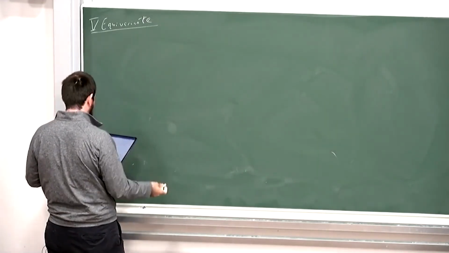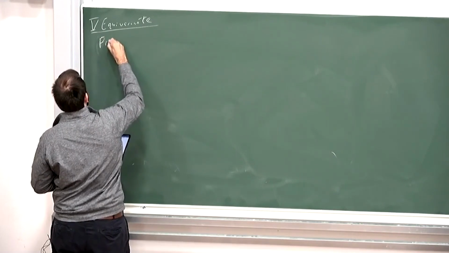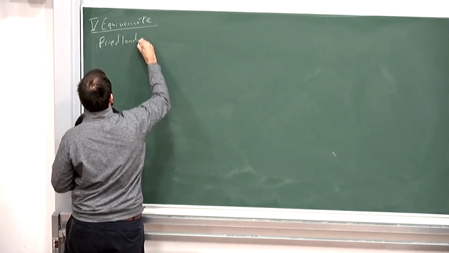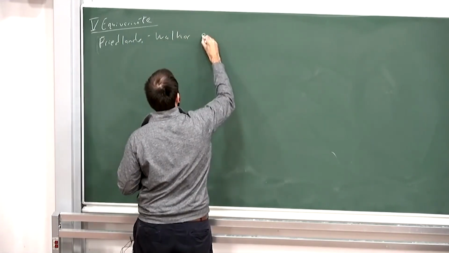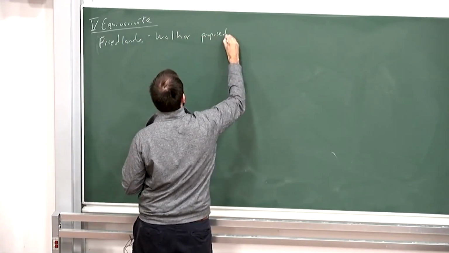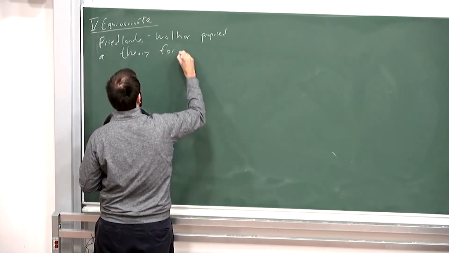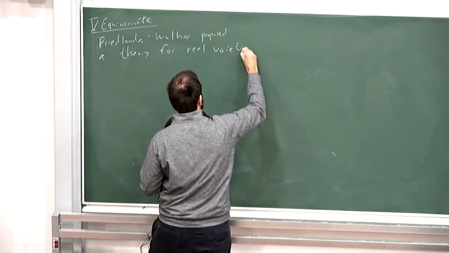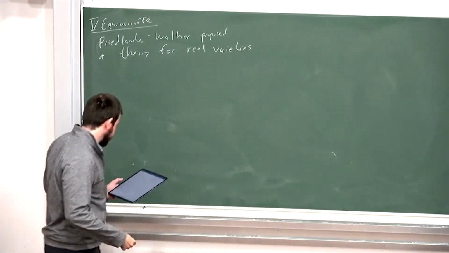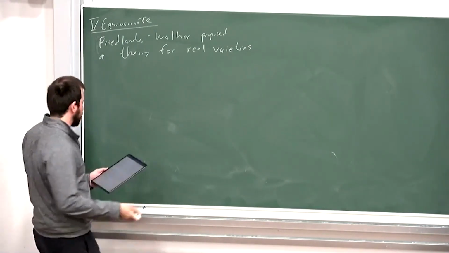In later work, they proposed a theory for real varieties, so varieties over Spec R, which should interpolate between algebraic K-theory and Atiyah's real K-theory.